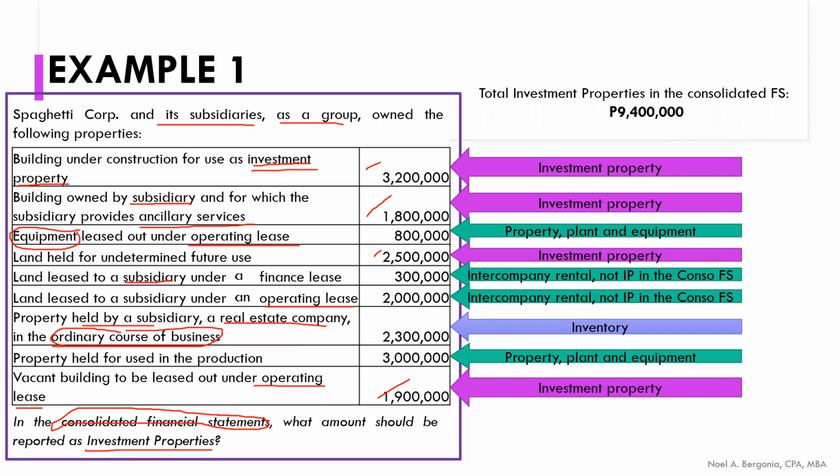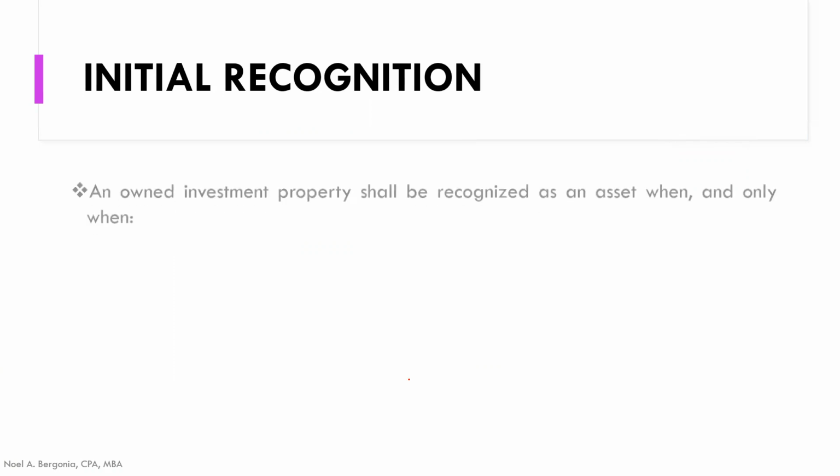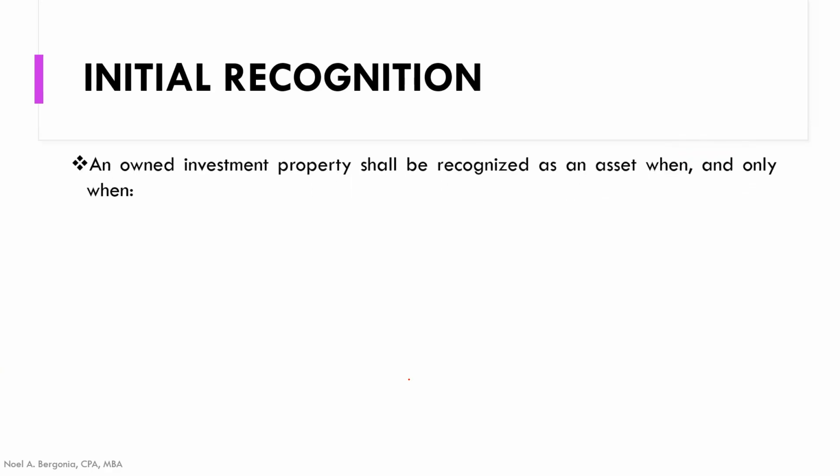Okay. So now, after determining ano po yung mga investment properties, no? So let me now discuss naman what would be the initial recognition for our investment property. Okay, so in accordance with IAS 40, our investment property will be recognized as an asset when and only when, so this is the recognition principle natin. Okay.